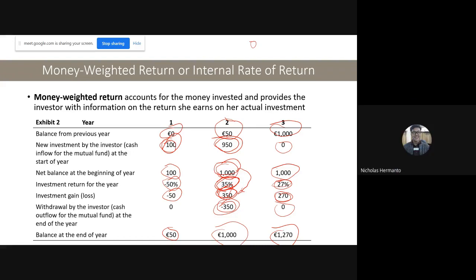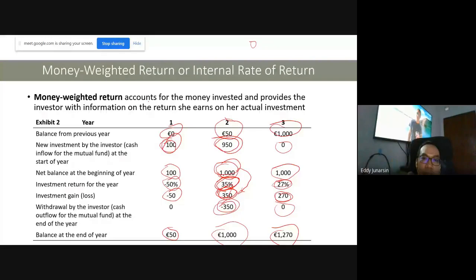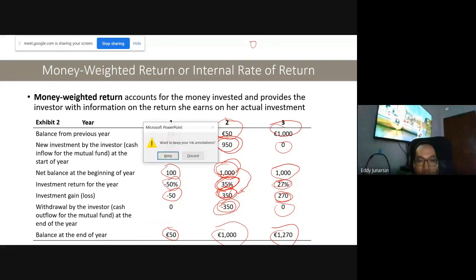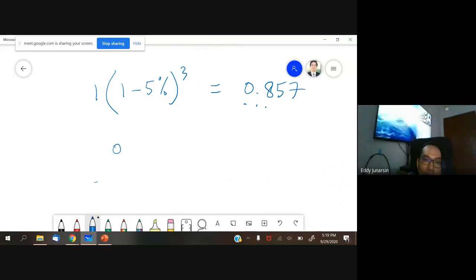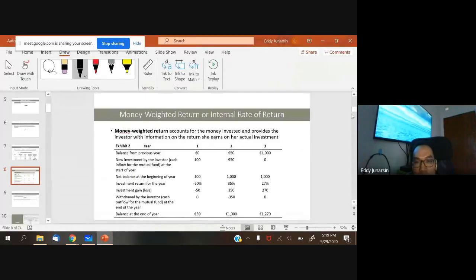Minus 100, sir. So at year 0, the amount of money going out, 100. Year 1? Minus 950.